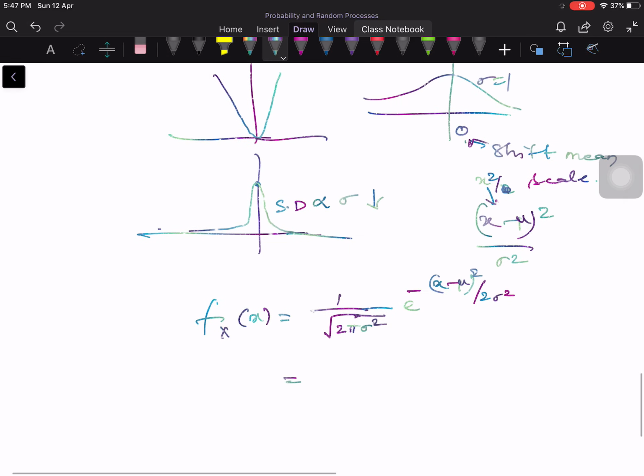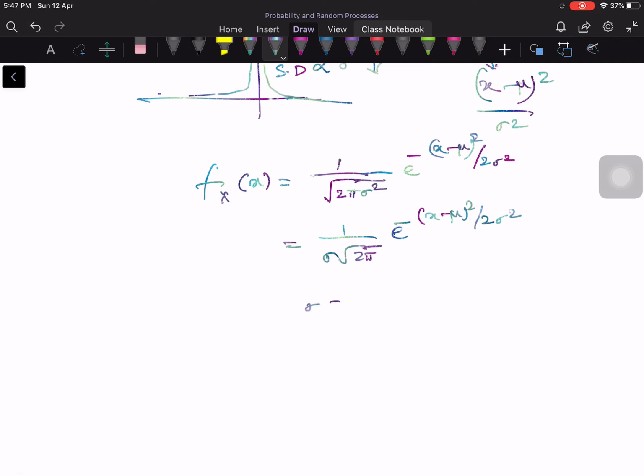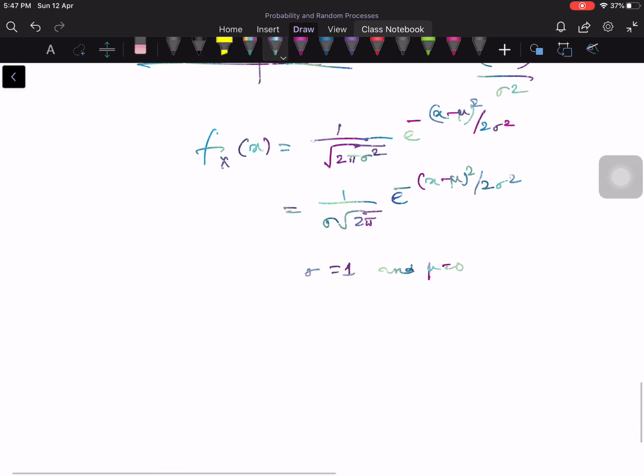Or you can write 1 by sigma root of 2 pi, e to the minus x minus mu the whole square over 2 sigma square. In this expression, if you substitute sigma equal to 1 and mu equal to 0, you'll get the standard normal density function. In short form, this normal random variable is denoted by N of mu comma sigma. These are the two characterizing parameters of your normal random variable.